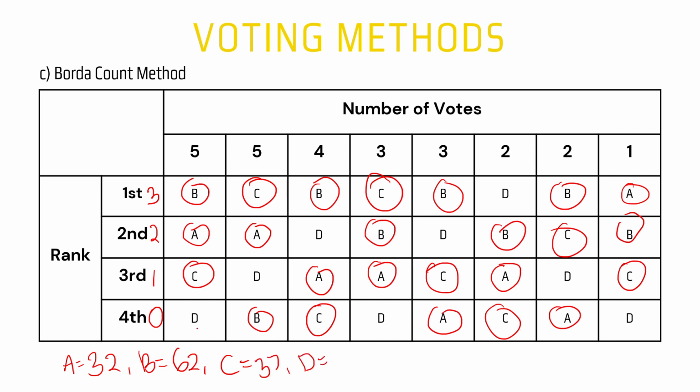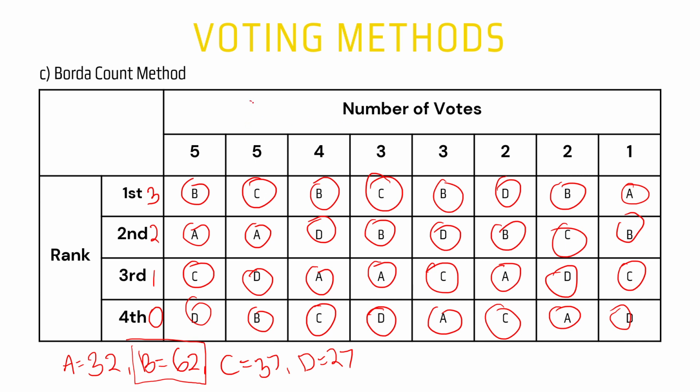Lastly, for candidate D, we have 0 times 5, 1 times 5, 4 times 2, 3 times 0, 3 times 2, 2 times 3, 2 times 1, and 1 times 0. So candidate D's Borda score is 27. By comparing all these scores, 32, 62, 37, and 27, the highest is candidate B. Therefore, the winner via Borda count method is candidate B.